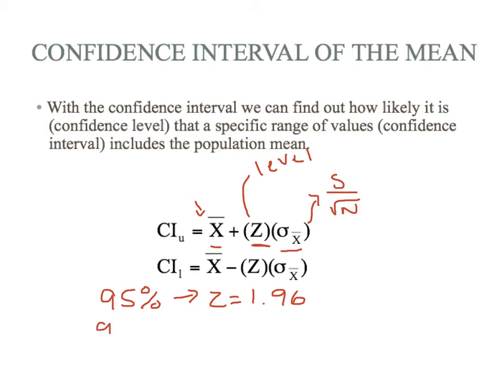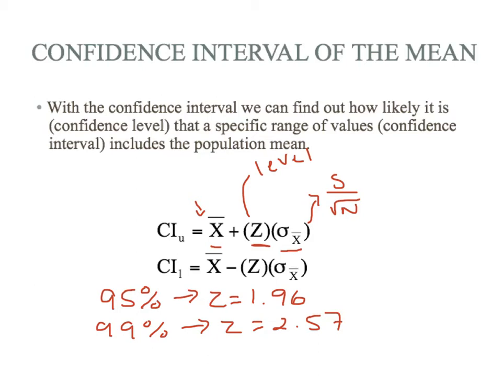If we're looking for a 99% confidence level, then z equals 2.57. And this is based off of the normal curve that was on the previous slide. And that's where we get those numbers from.